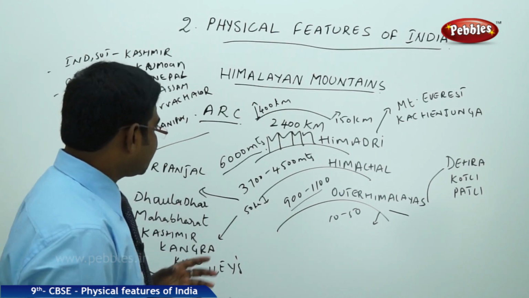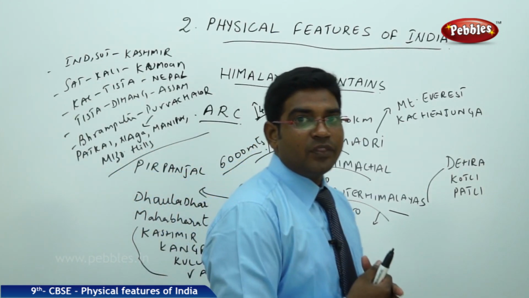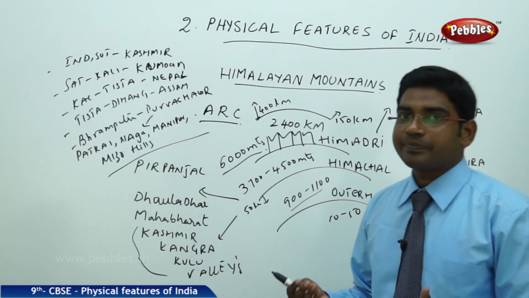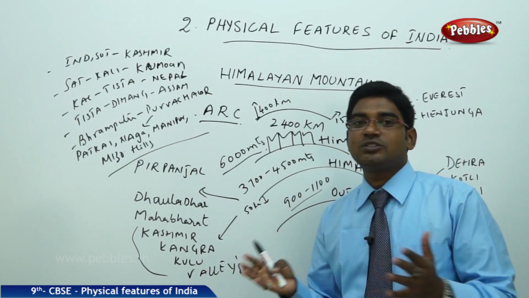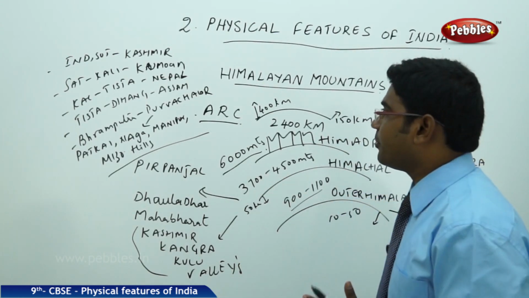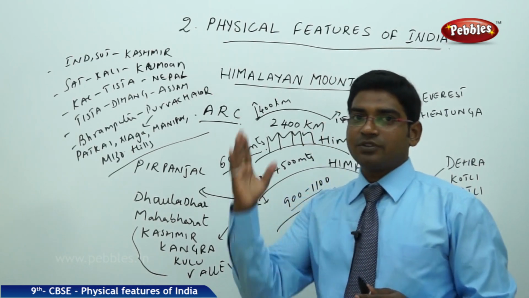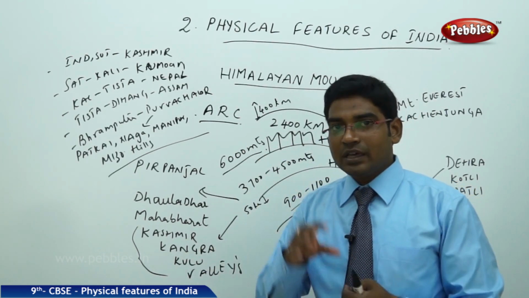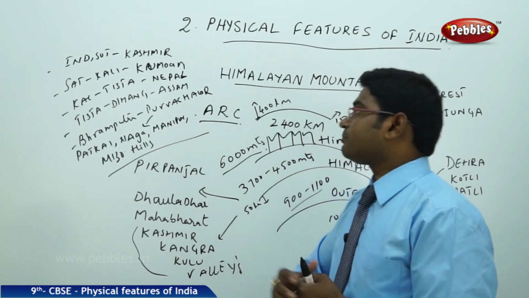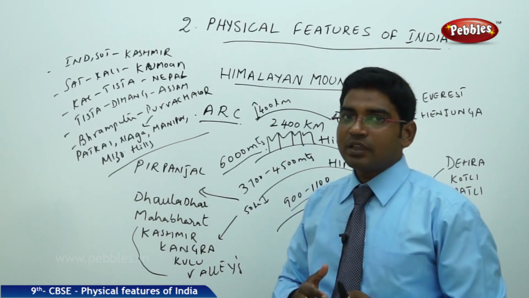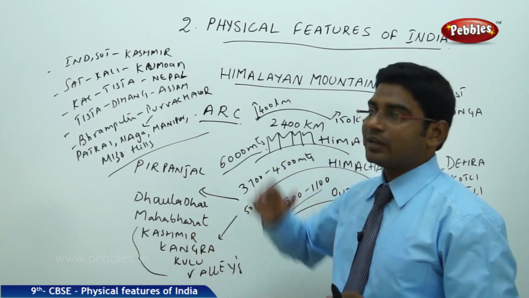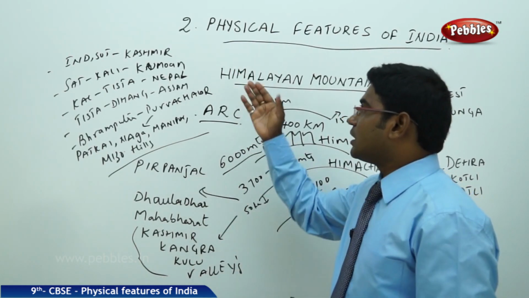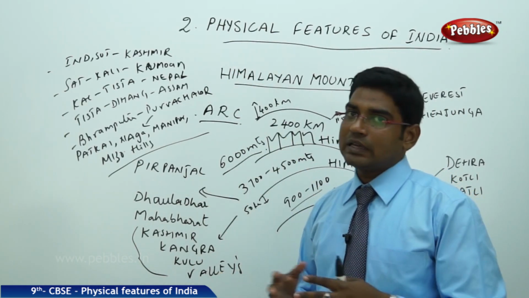Now, in order to understand this much better, the Himalayas are also named according to the rivers passing through them. We have many rivers from the Indus to the Brahmaputra. Let us see what they are called regionally or locally. The region between the Indus and Satluj is known as the Kashmir Himalaya region.